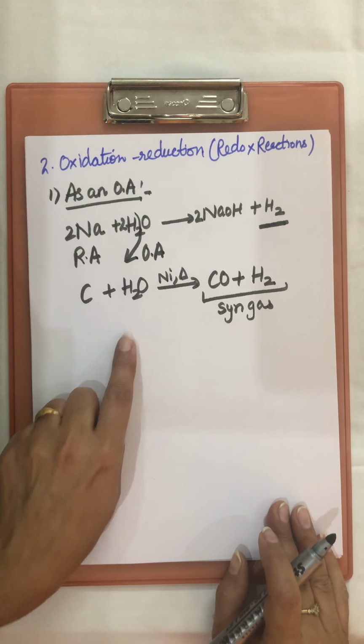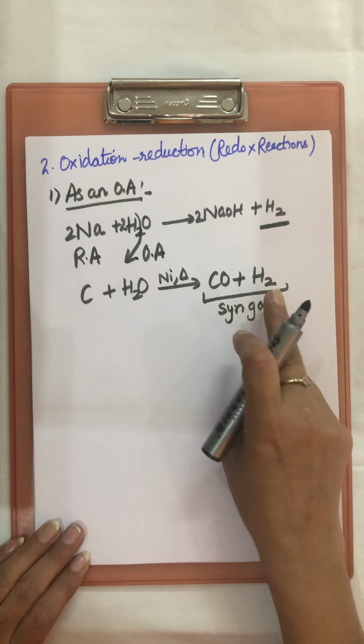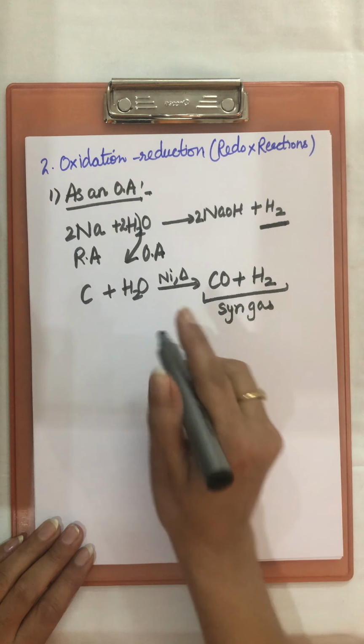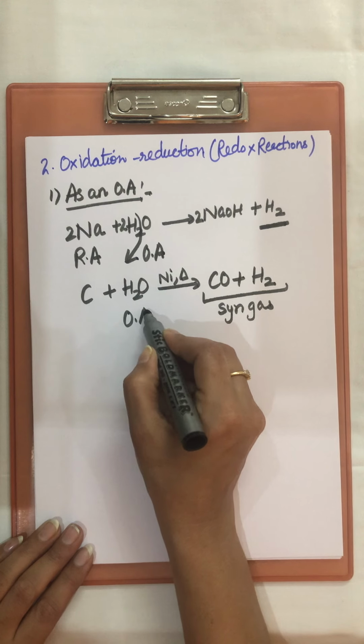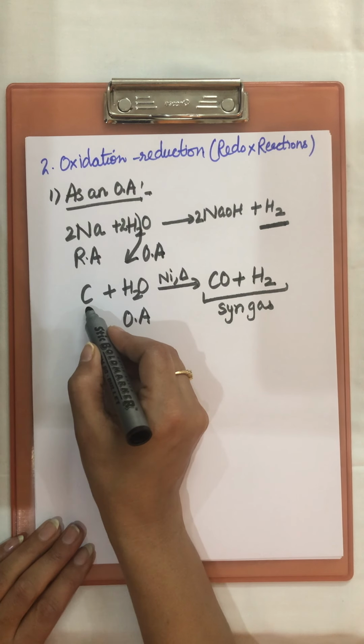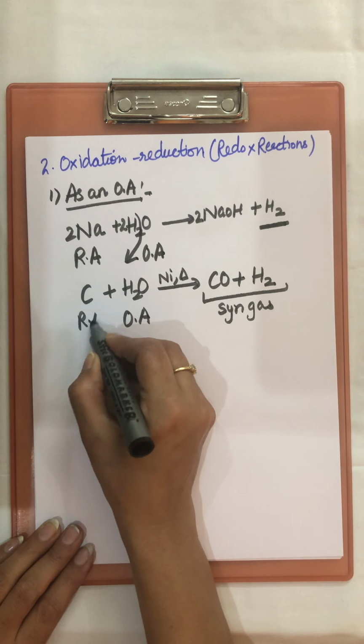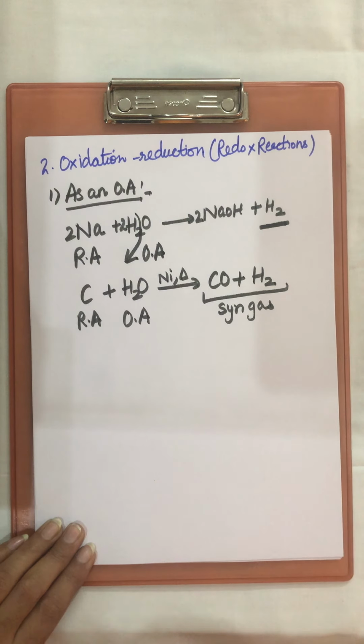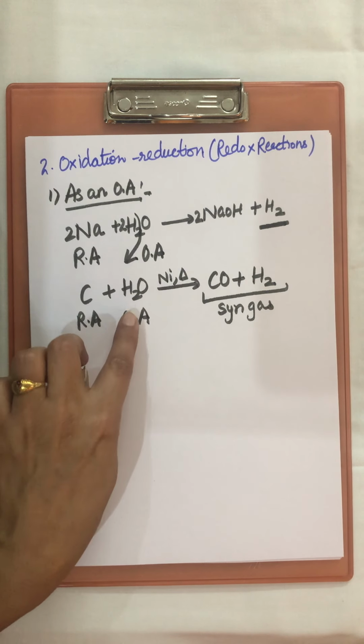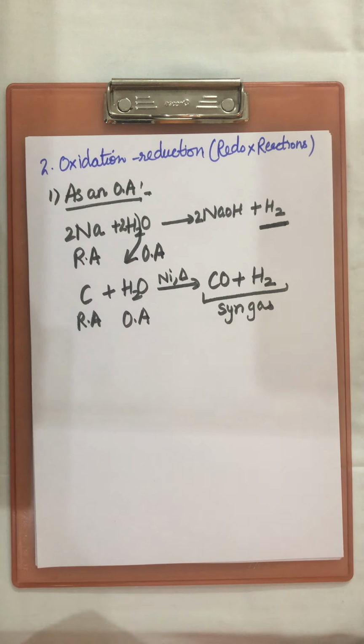In this reaction also, since from water hydrogen comes out, this shows that water here is an oxidizing agent. Carbon takes oxygen and changes to CO, so this is acting as a reducing agent here. So these are the two examples to show that water is acting as an oxidizing agent.